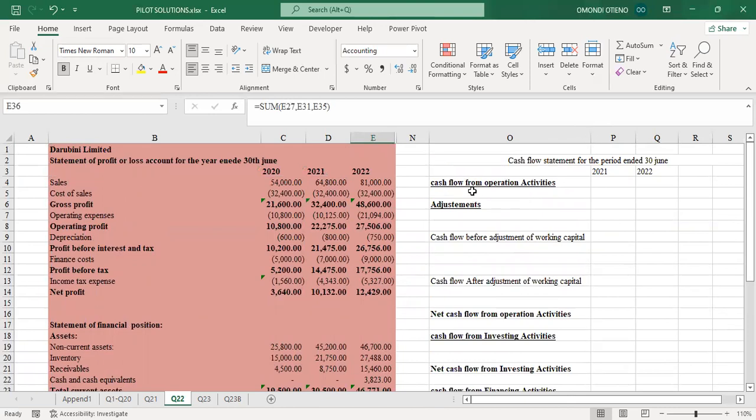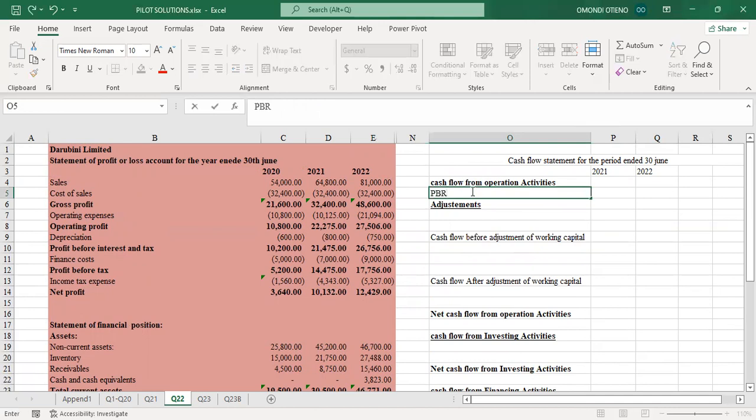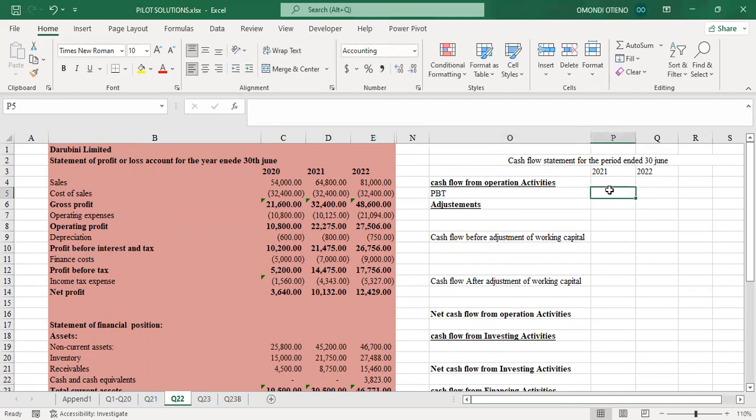So cash flow from operating activities, we will always start with profit before tax. So for 2021, where are we going to get our profit before tax? We simply say equal to and refer to what is given here as profit before tax for 2021. And we do that to get for 2022.